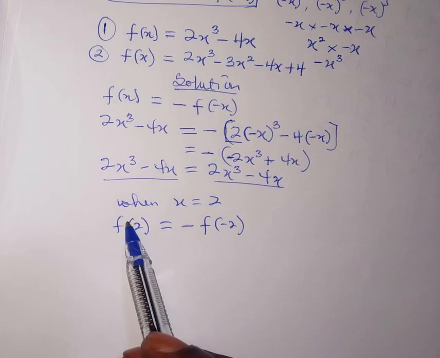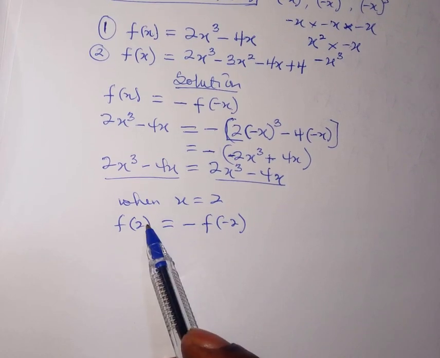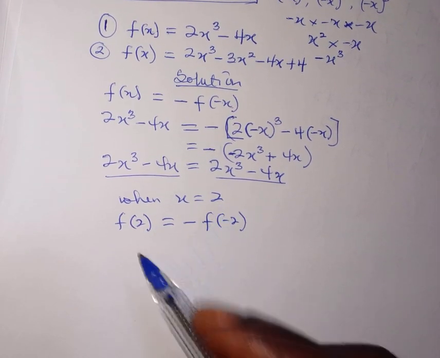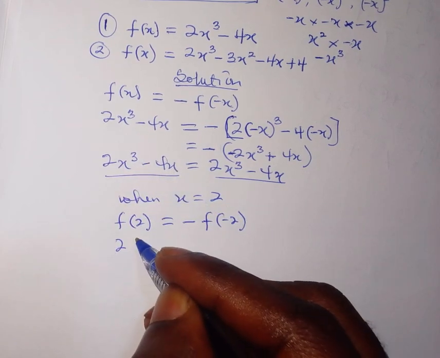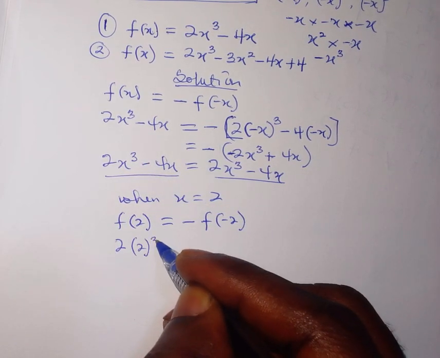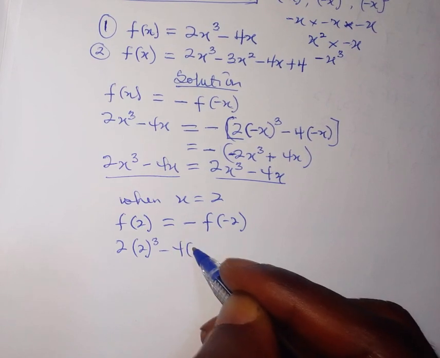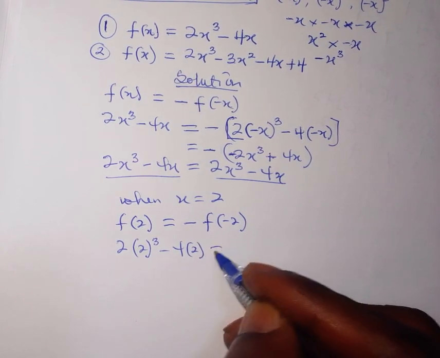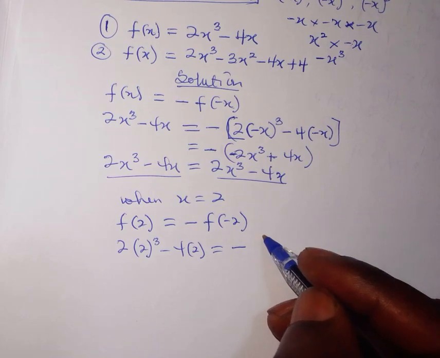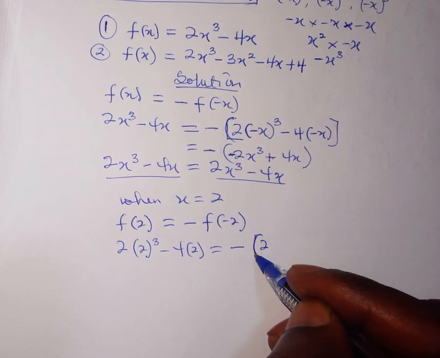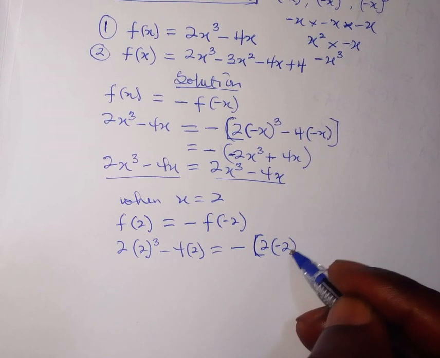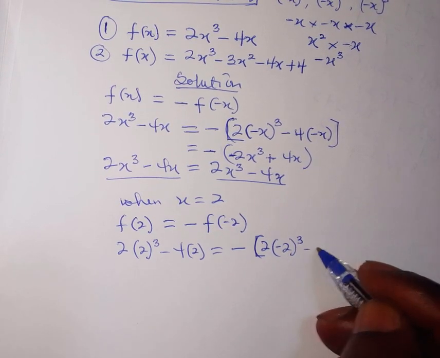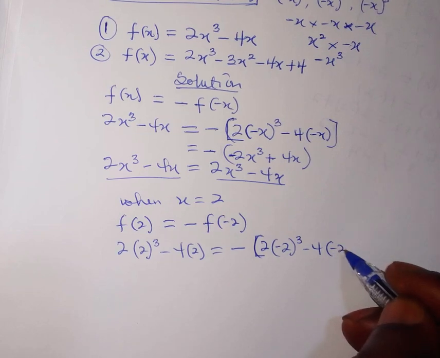That is the definition of the odd function. If that is the case, then I'll put 2 here, which will be 2 cubed minus 4 multiplying 2 is equal to my negative. Then I have my 2 here, multiplying negative 2 cubed minus 4 multiplying negative 2.